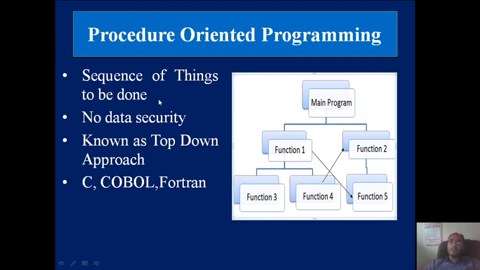In other words, procedure-oriented programming language focuses on the algorithm to be performed for executing any special task. This approach is known as top-down approach, as the complexity lies at the top level, and if you subdivide the complex program into different modules, complexity gets reduced. Examples of procedure-oriented programming languages are C, COBOL, Fortran, etc.